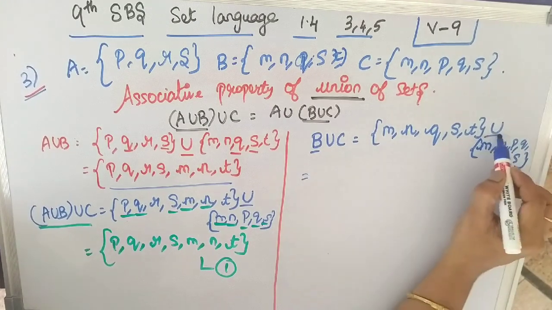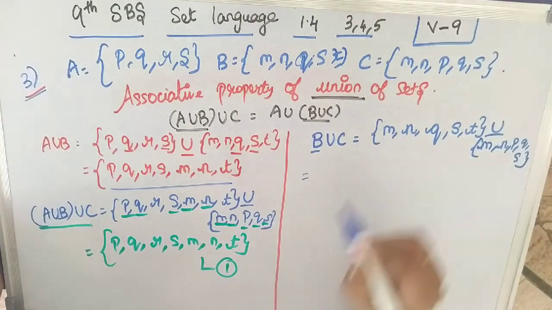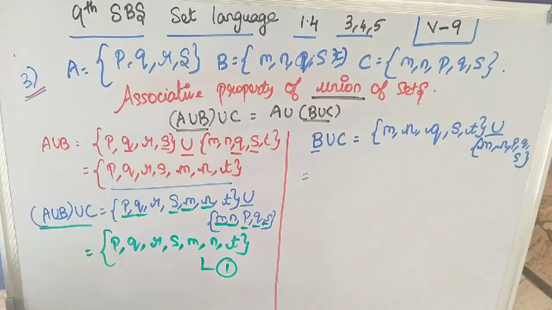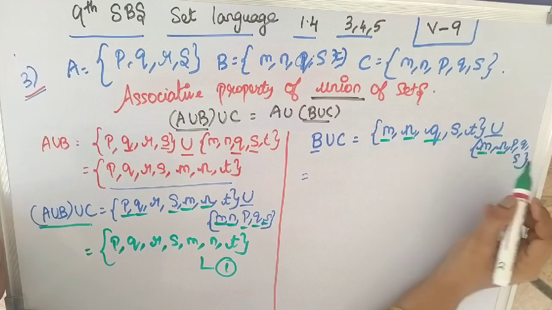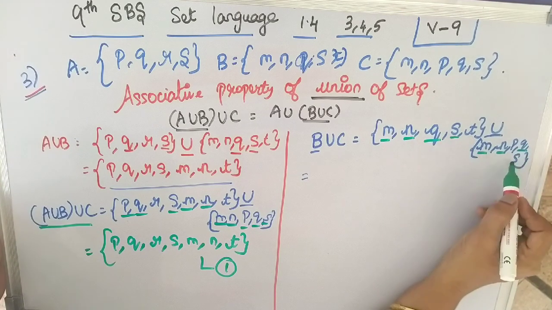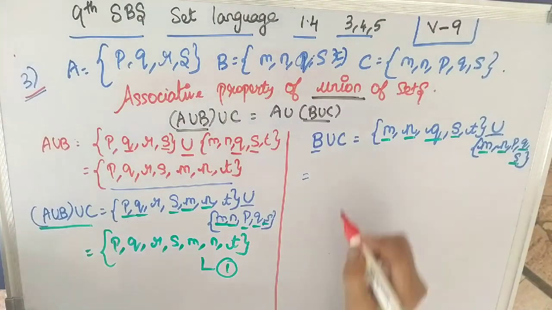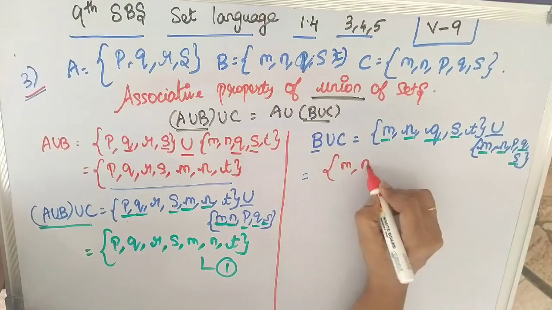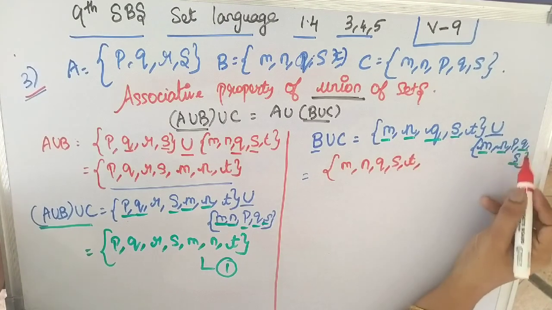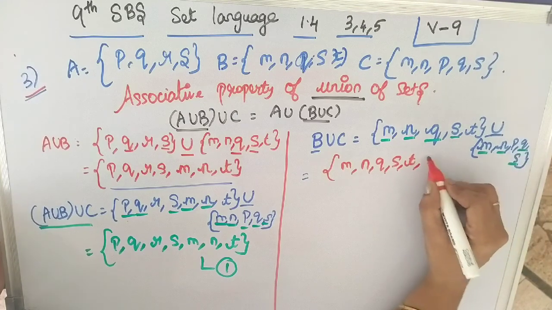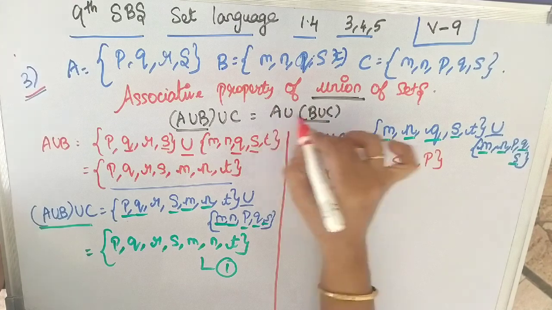We write all the elements in both the sets and common elements only once. What are the common elements here? M, N, Q and S. We write these elements only once and all other elements also, because it is union. So M, N, Q, S, T, P. This is B union C.